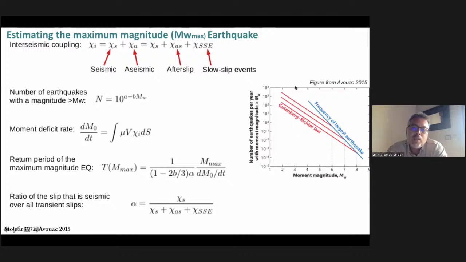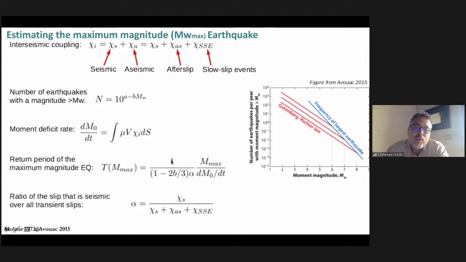And this linear term is described here, and it is composed of the B value that you find from the seismic catalog that we have, from the interseismic moment deficit that is computed from interseismic coupling maps, and also a parameter alpha, which is a ratio between the transient slip that is seismic, the fraction of slip that is seismic, over all the transient slip that occurs during the cycle.